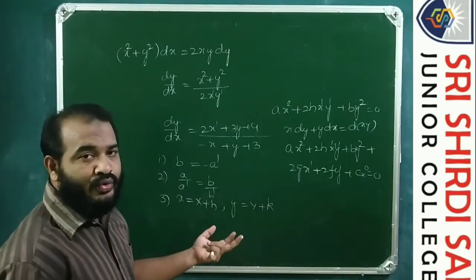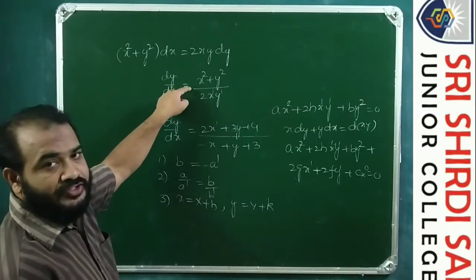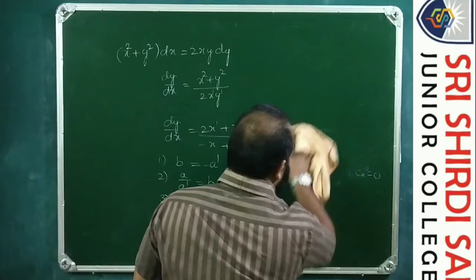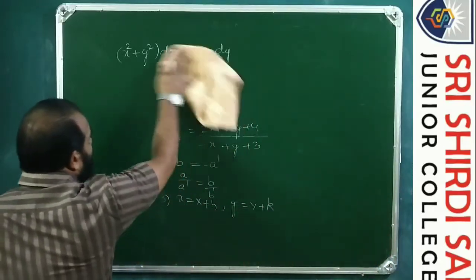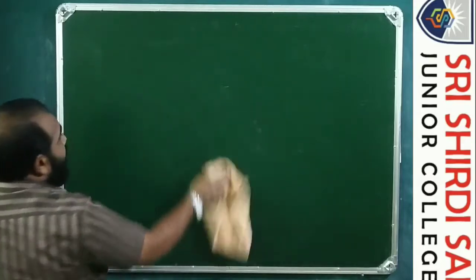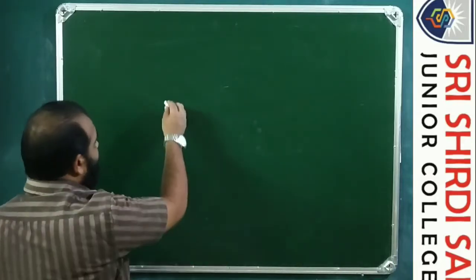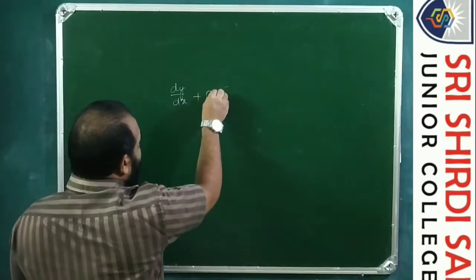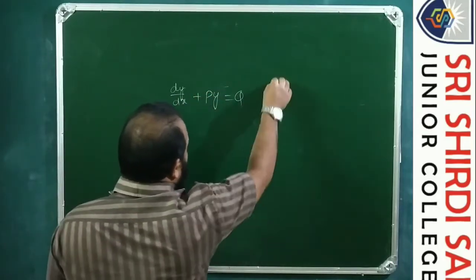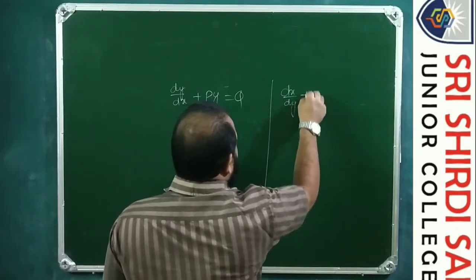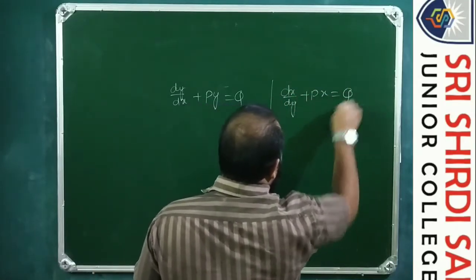So we know how to deal with the homogeneous differential equation, and we know the last method, which is a linear differential equation. That linear differential equation is of the form dy by dx plus py equals to q, or dx by dy plus px equals to q.